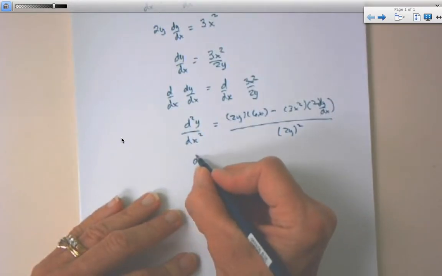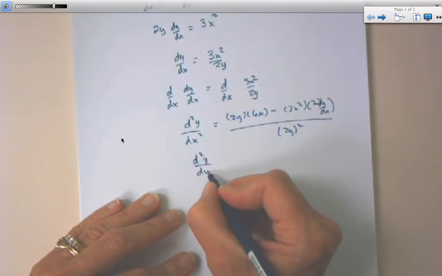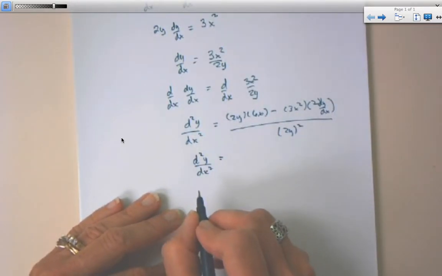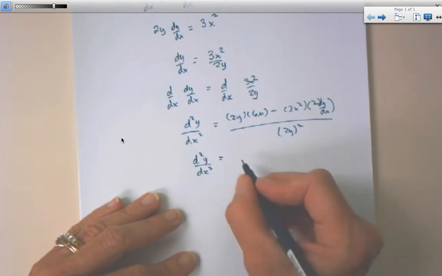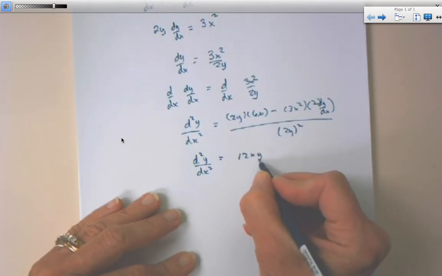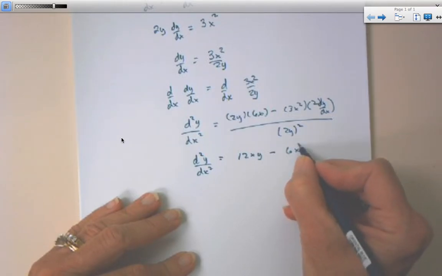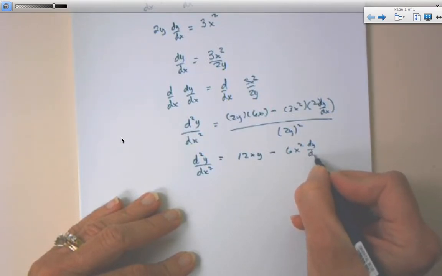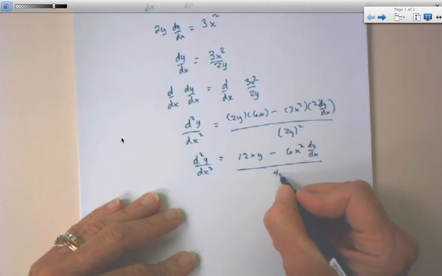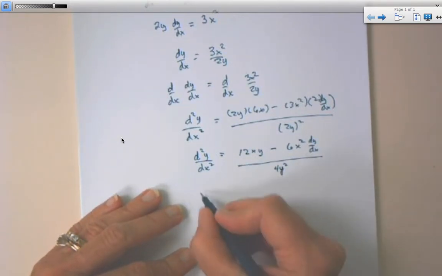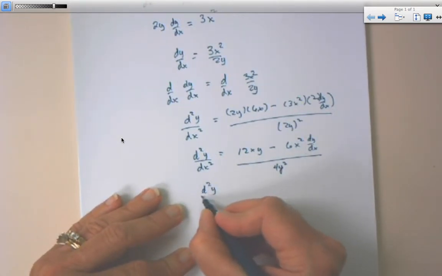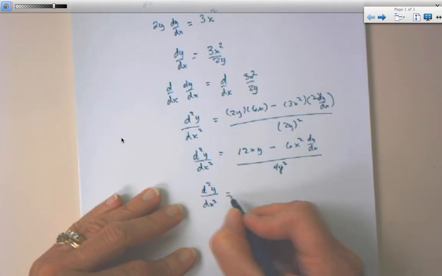All right, so with a little bit of algebra, I'm going to simplify this expression: 12xy minus 6x squared dy/dx over 4y squared. And I think we're going to go ahead and make a substitution, because it's coming sooner or later anyway.